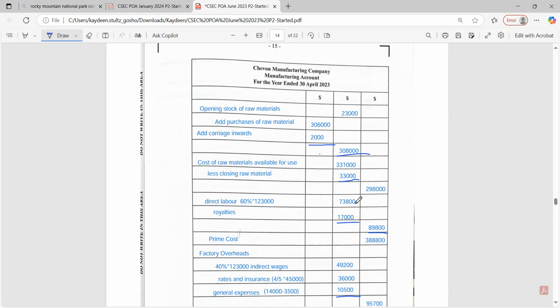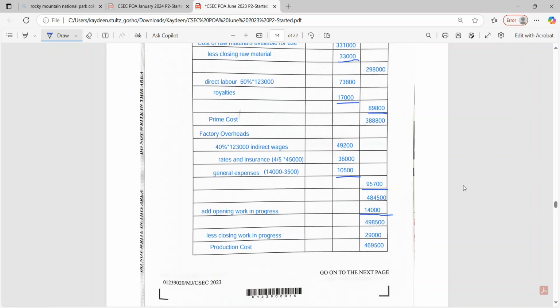So we're going to add these two direct costs. We get 89,800. 89,800 plus the $298,000 that we got up here will be 388,800, which means that that is our prime cost, because it is all of our direct expenses.